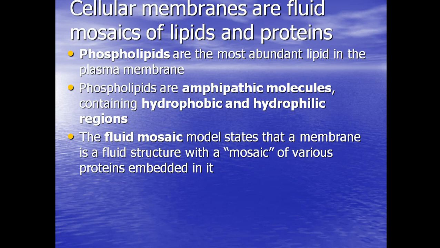These phospholipid molecules are amphipathic molecules because the same molecule at the head region has one type of property, at the tail region it has a different type of property. Amphipathic. It contains both hydrophobic as well as hydrophilic regions; hydrophobic means water hating, hydrophilic means water loving.